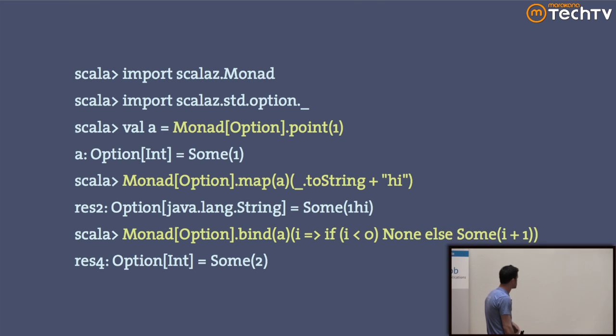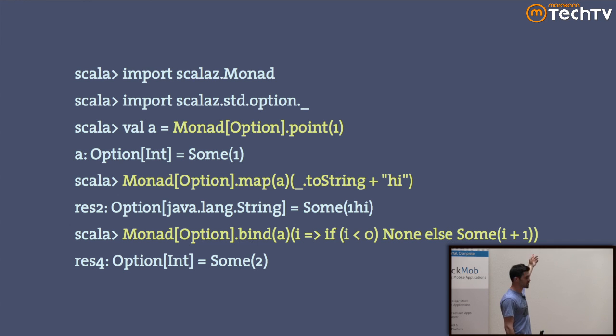Cool. So a couple quick examples. In Scalaz 7, we have this nice way of explicitly grabbing the type class instance for a monad and calling one of the functions on it. So this is an example of that. We're talking about Option, which is an instance of the monad type class. Here we point the value 1 into it, or we can map over it.